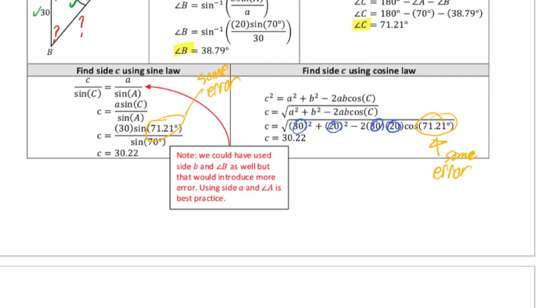Generally speaking, if you try to stick with as much of the original, given data as possible, this is the best possible result. We have no other option other than to use this value here. As a result, we're going to get the best possible that we can get, but also be aware that there is some error associated with it. Calculating this value, we do end up getting the same 30.22 to 4 sig figs.